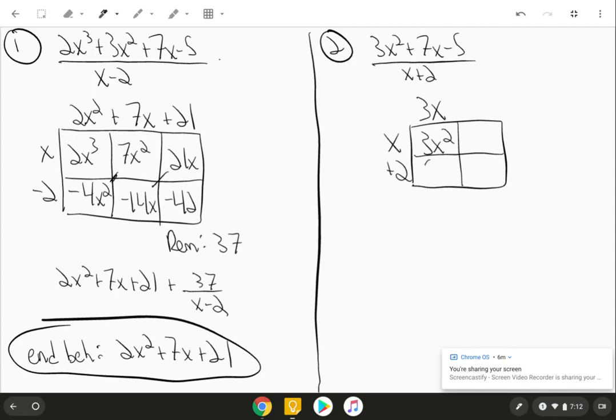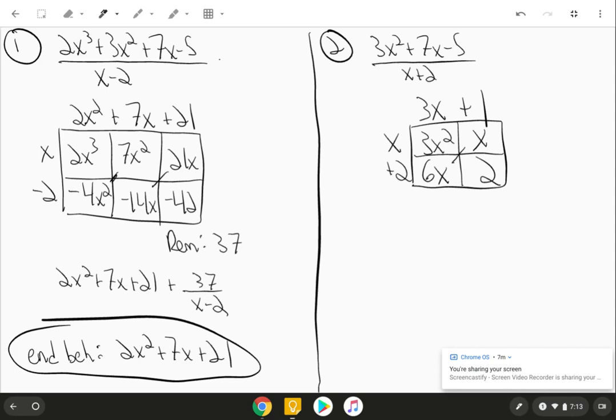That's going to make this a 6x. For my diagonal, 6x plus, we need to make this a 1x. 6x and 1x gives us 7x. For our next column, x times 1 is x, and that's going to make this a 2.